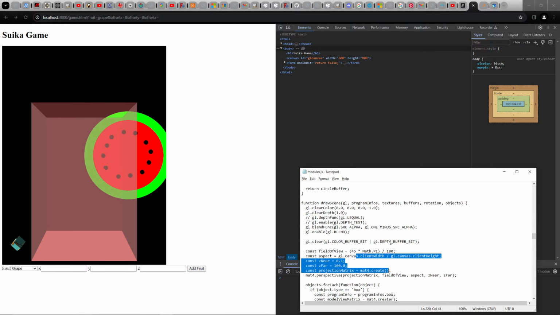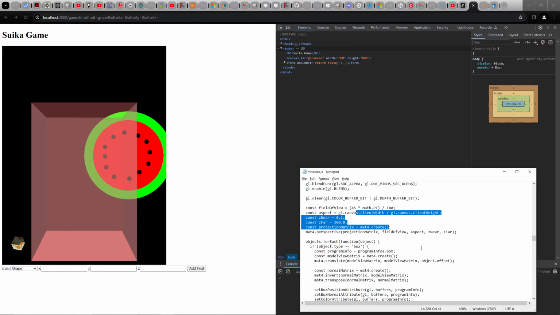Field of view is 45 times pi over 3. 45 times 3, that's 180 something. No. 3.14 times 4, 120 something. Maybe 130 something. Z far, Z near, Z far. So it's something to do with the perspective.